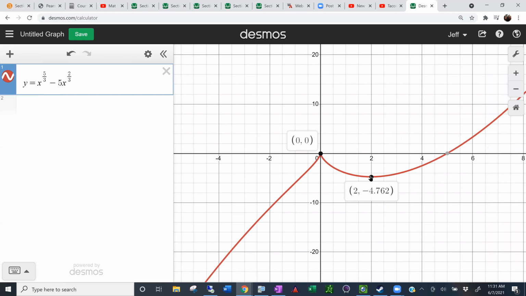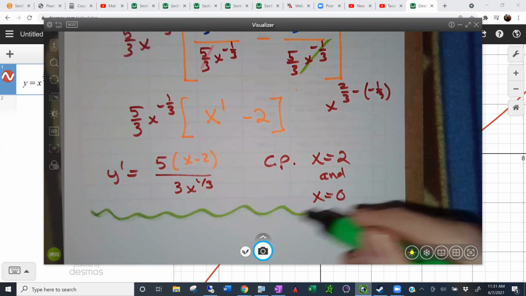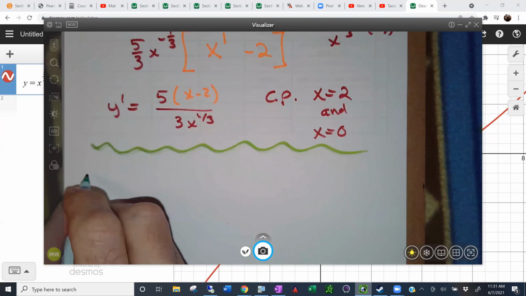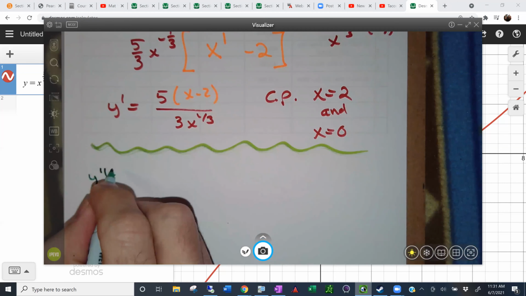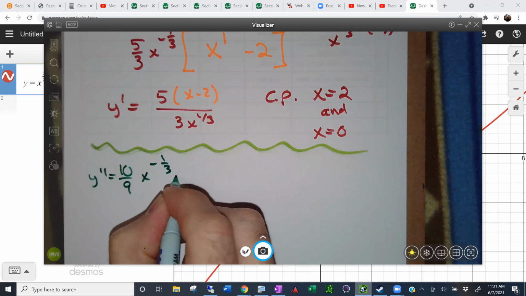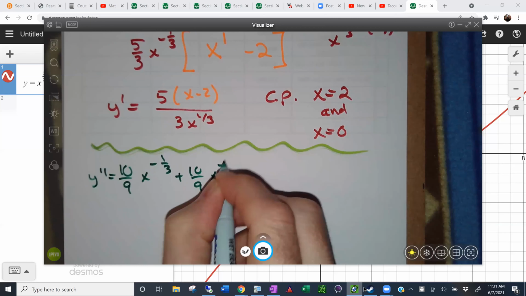Now, let's see if we can figure out some things about the second derivative. I'm going to give you a chance to work on it. I want you to practice that factorization, factoring out that negative exponent term. We already calculated the second derivative: y double prime was 10/9 x to the -1/3 plus 10/9 x to the -4/3.